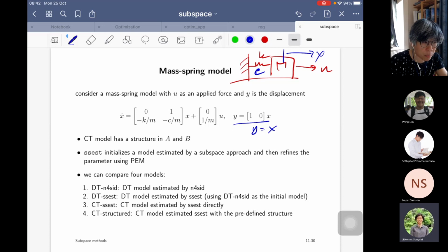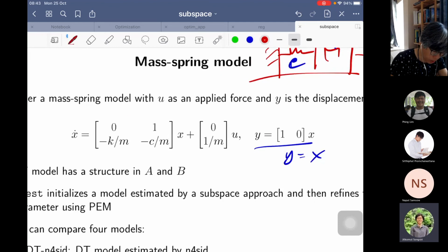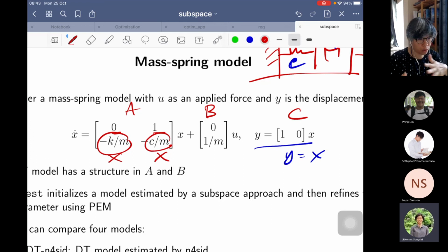Here in this slide, I would like to illustrate an example of the flexibility of the estimation method. When you have some structure in your state space matrices, just like in this case, this is your A, this is your B, this is your C. Your A contains 0 and 1 here, and some parameters that you don't know yet.